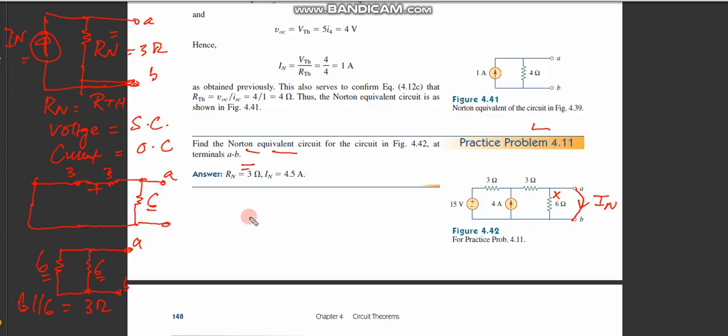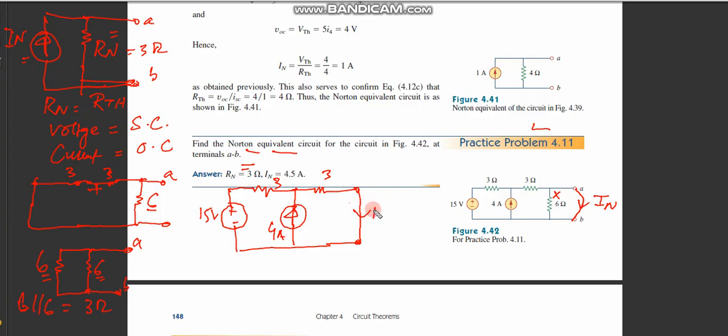So my circuit would become plus minus 15, then I have 3 ohms, then a current source of 4 ampere, and then again a 3 ohm, and I will neglect this 6, this short circuit which is In.